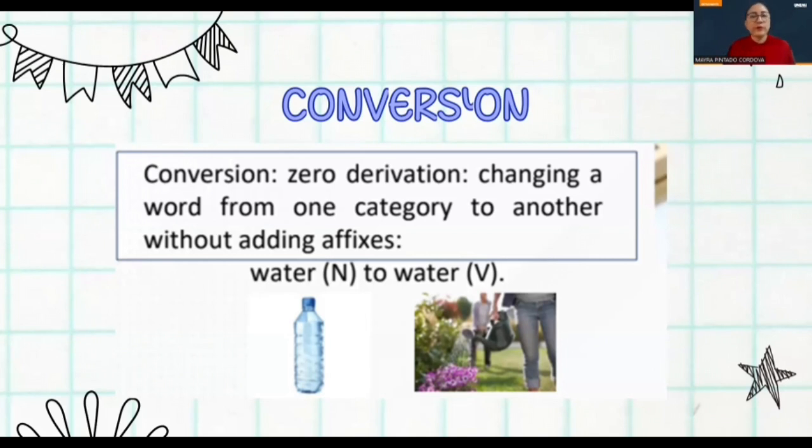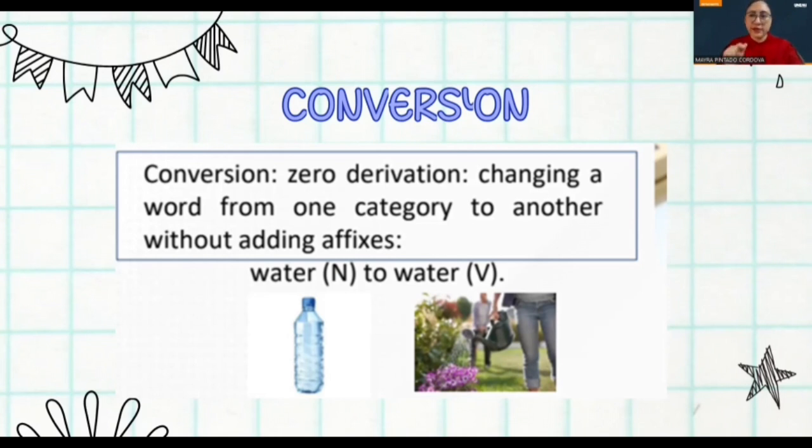This process can be called zero derivation because this type of conversion changes the meaning of the existing word without changing the pronunciation, spelling, or adding a suffix. An example of conversion can be seen when nouns are changed into verbs, but the spelling and pronunciation of the word stay exactly the same, and nothing is added or taken away.